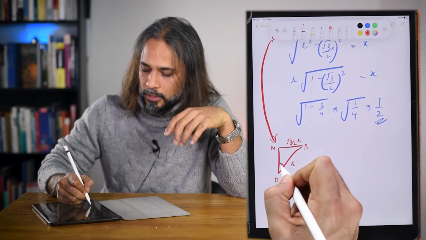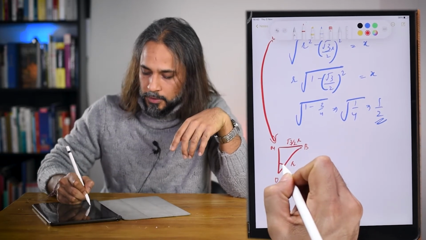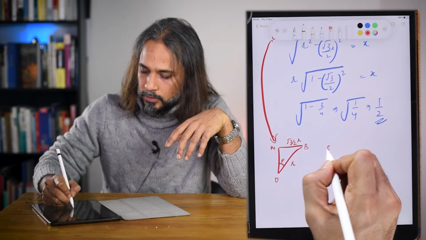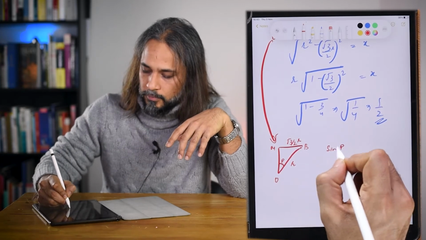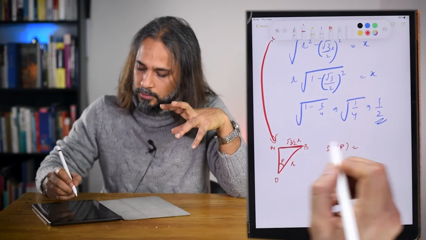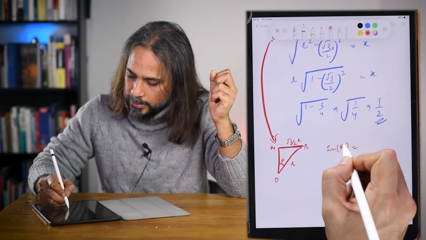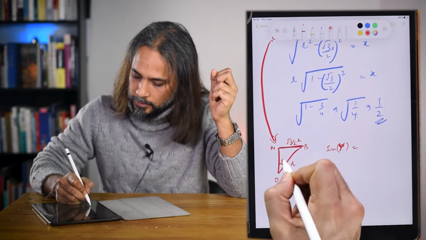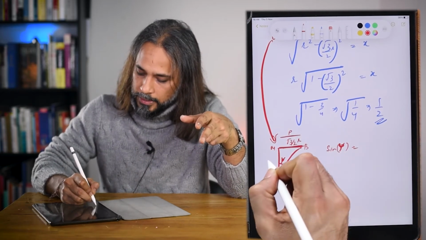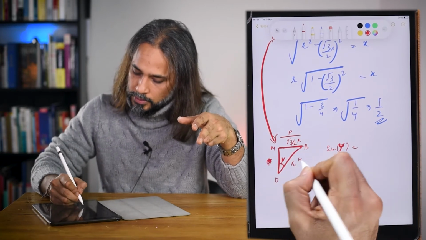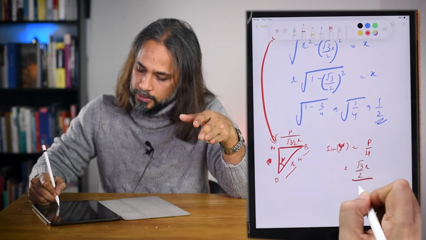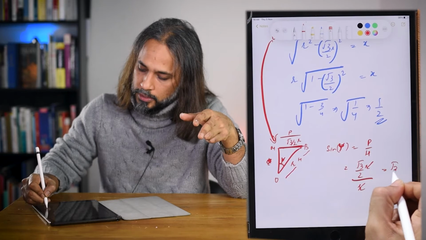Let's consider this particular angle and name it Y. So the sine of Y is perpendicular by hypotenuse, which is root 3 by 2 R divided by R. R gets cancelled, it is root 3 by 2.